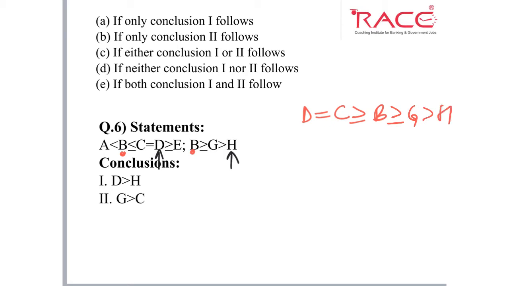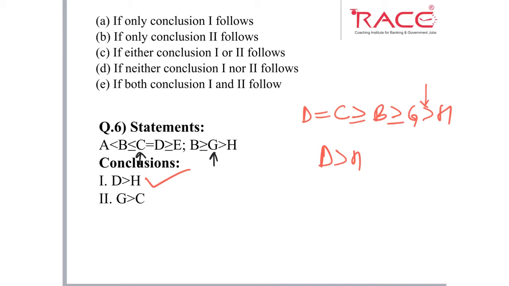So this is the conventional method, and now the same procedure we will follow. So which sign is of highest priority? Greater than. So D greater than H means conclusion 1 follows. Second, we will check it for G greater than C. So here we have G, and where we have C?